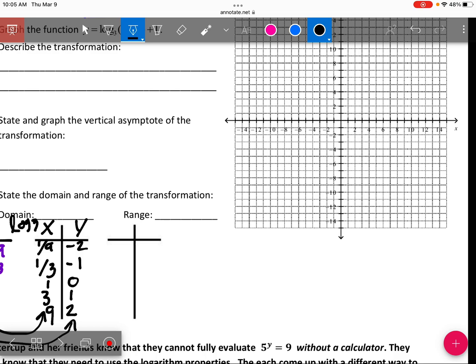So my x is 1/9 and my y is -2, somewhere around there. My x is 1/3 and my y is -1. My x is 1 and my y is 0. My x is 3 and my y is 1. And my x is 9 and my y is 2.